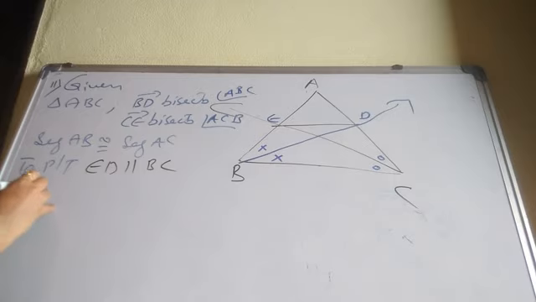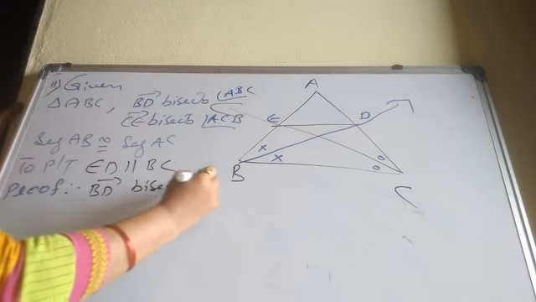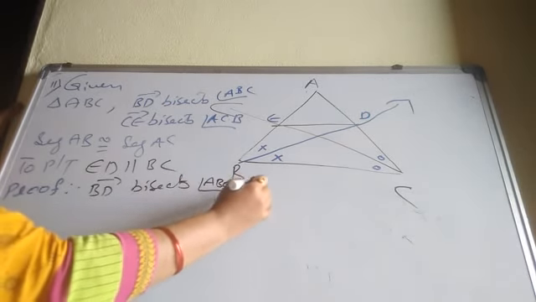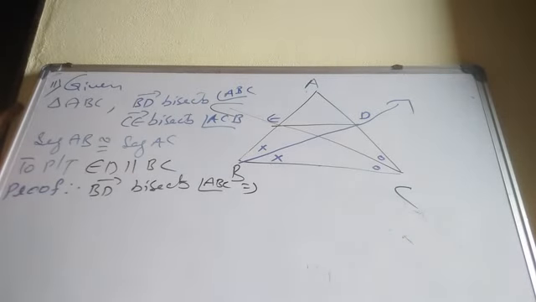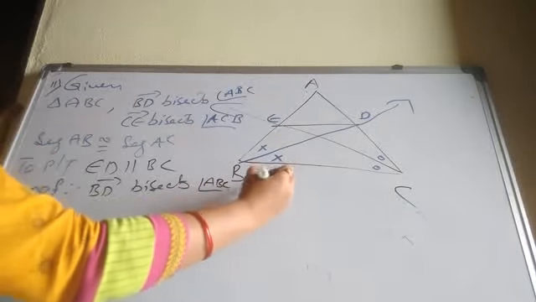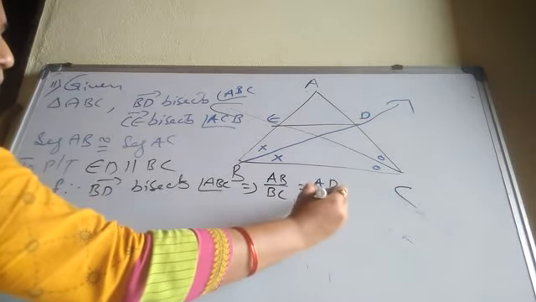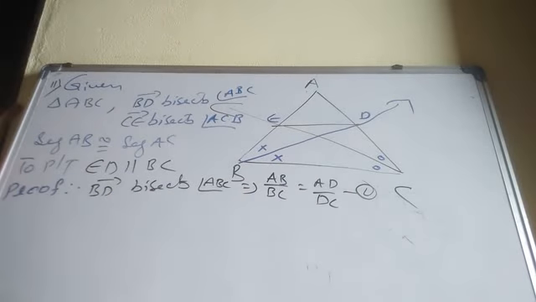Proof. First, ray BD bisects angle ABC. What is our condition? AB upon BC equals AD upon DC. This is number 1.